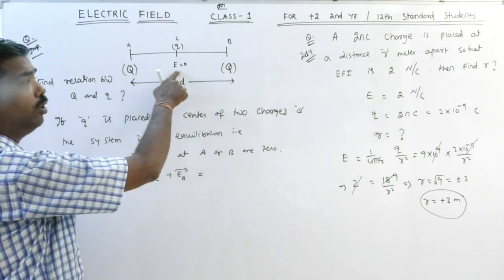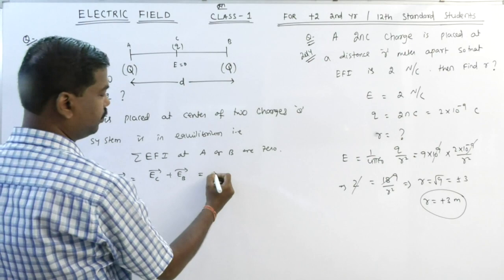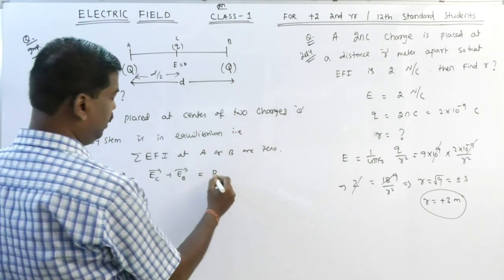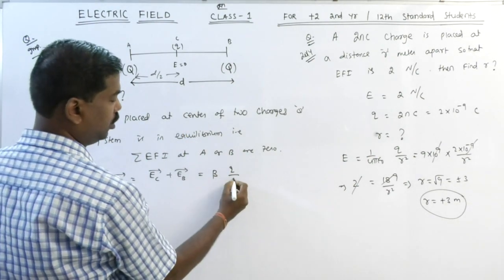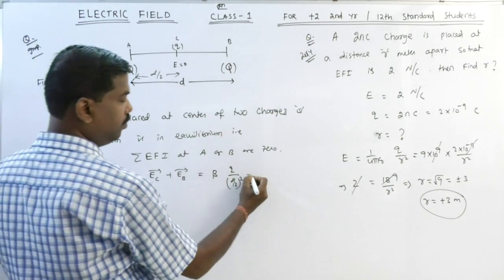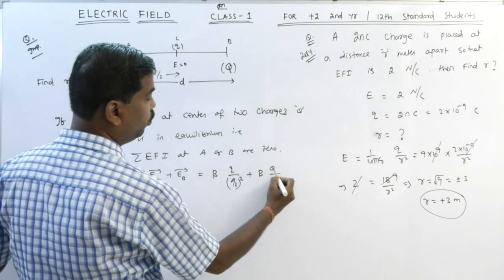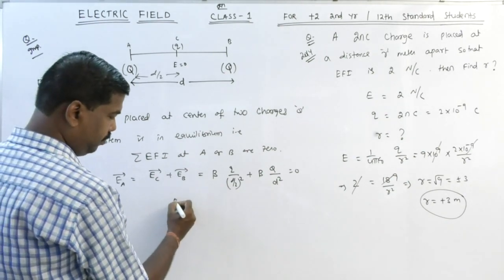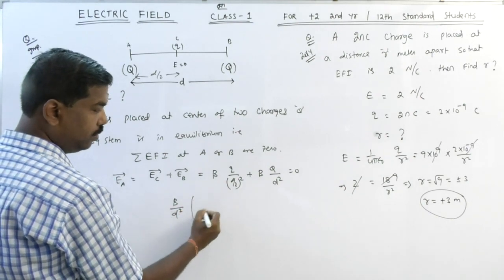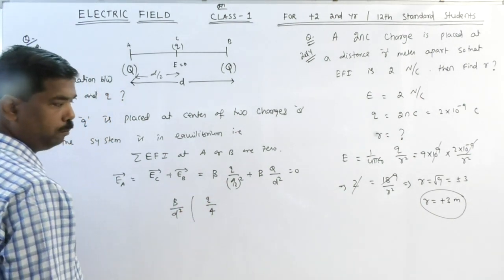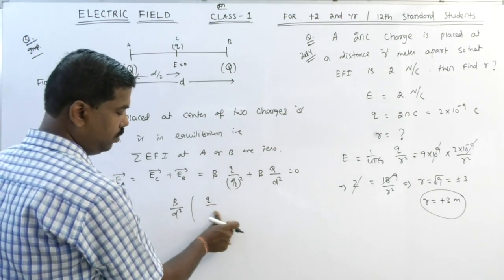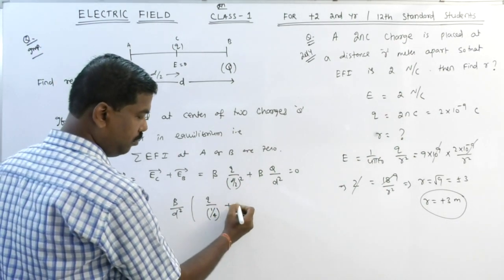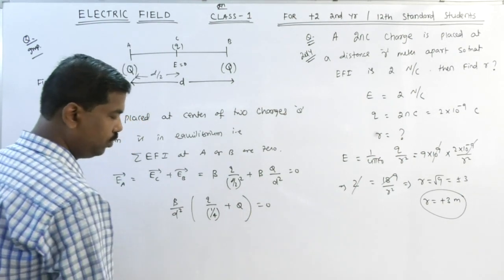This center means this is d by 2 distance: k q by (d by 2) square plus k Q by d square is equal to 0. k by small d square common, q by 4 whole, 1 by 4, plus Q is equal to 0.